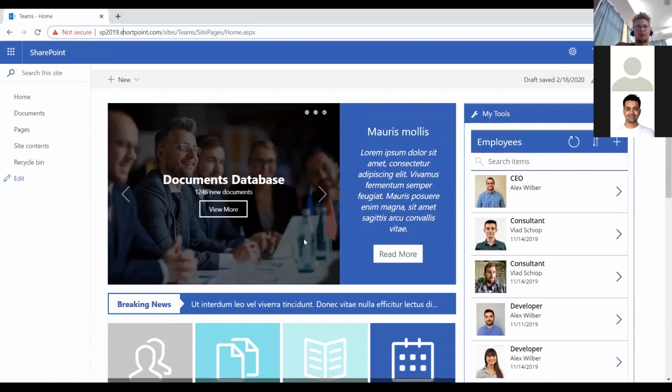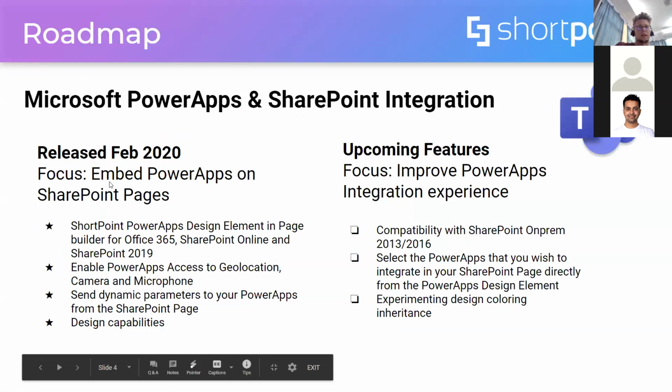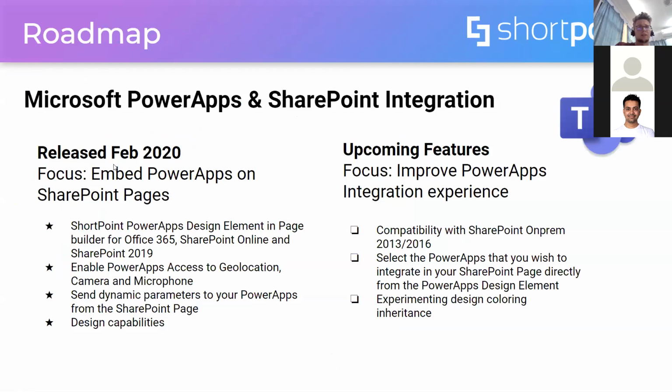So these are the main features that we've been developing during this product release. I would like to show you our roadmap regarding this feature. As you can see here, in our release from February 2020, we managed to create a new PowerApps design element, which is compatible with Office 365 and SharePoint 2019 sites.